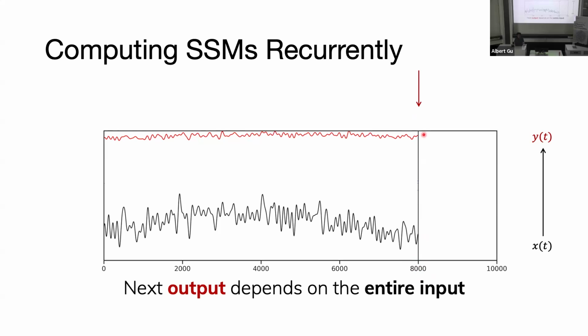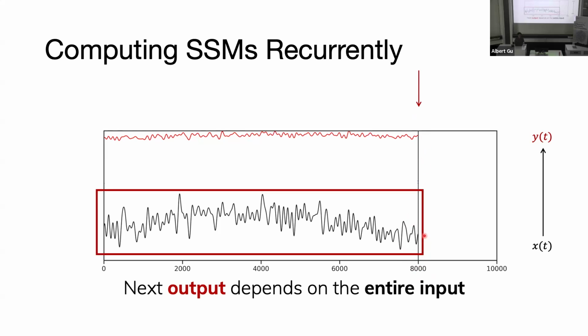In the SSM, we take that new input, implicitly evolve a new hidden state, and then project that hidden state back to the new output. But from the functional point of view, I'm taking a new input and generating a new output, and this new output actually depended on the entire history of my sequence.